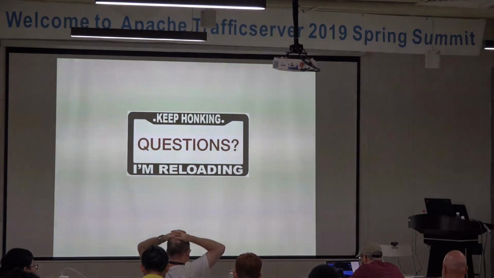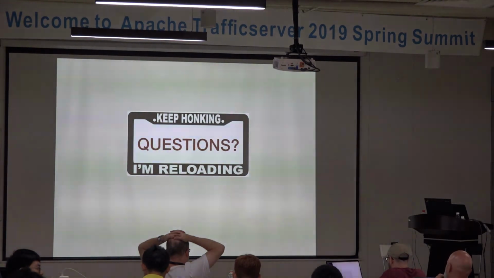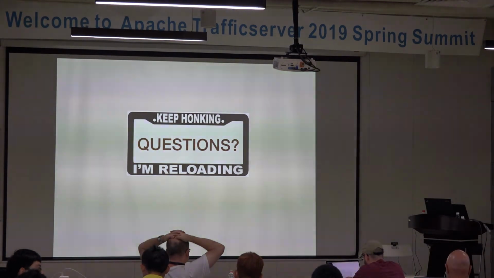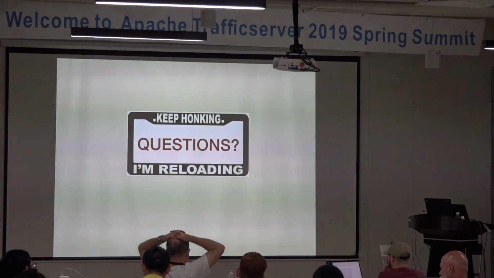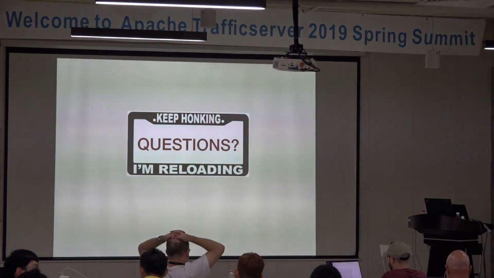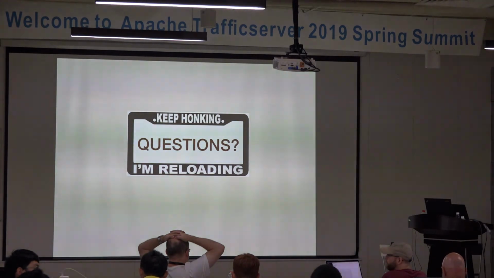Right now, when we do the traffic_ctl config reload, all I have to do is reload the JavaScript or the Lua script, and do all the context switching on my own for that. And the plugin binary actually never changes. So whatever I have right now is good enough for me.